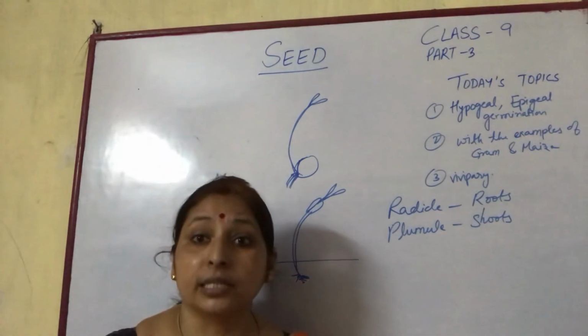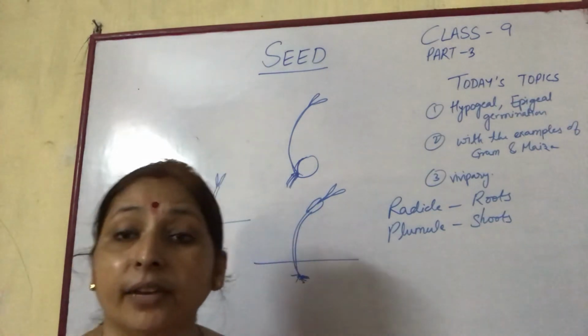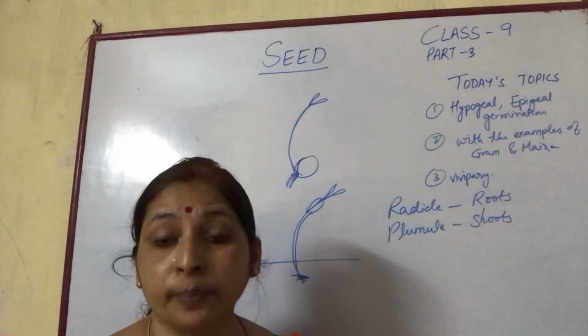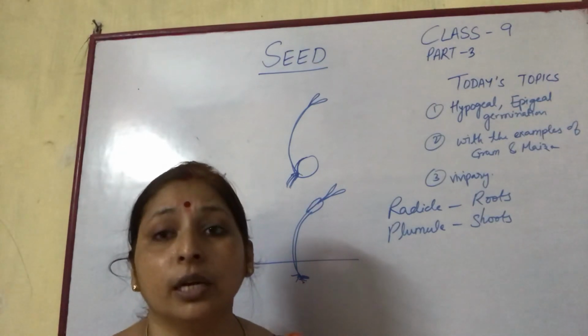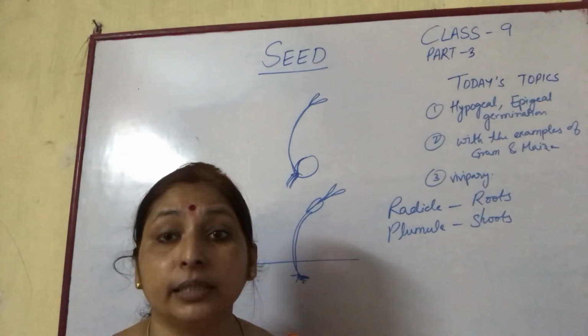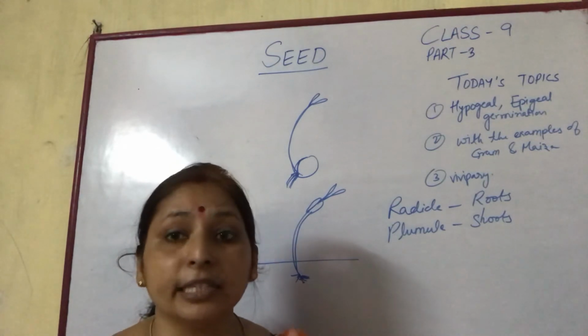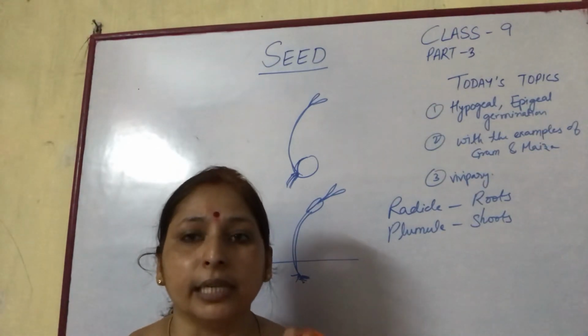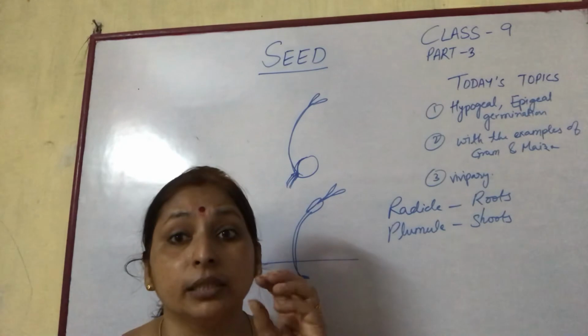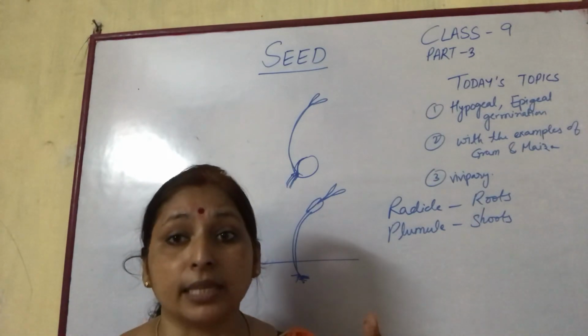The next word is vivipary. In some plants, the seed develops inside the fruit only. In the case of Rhizophora or some other plants, the development of the seed occurs inside the fruit. In the case of coconut also, you have seen that in some coconuts the plantlet starts developing.